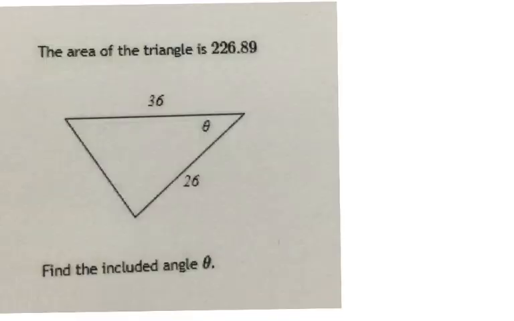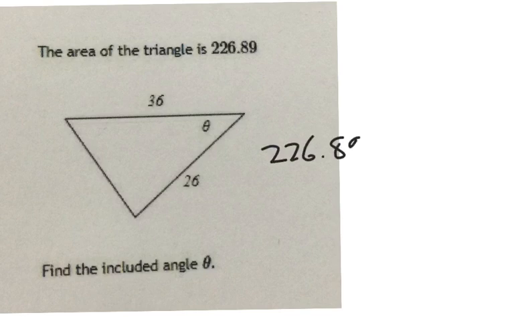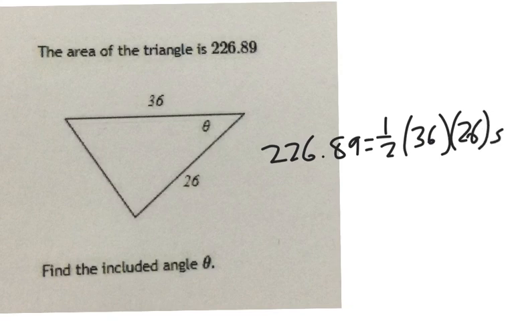Here they give me the area and two sides, and they ask me to find the angle between those two sides. So again, I'm just going to plug into that formula. The area, which this time I know, is 226.89, equals 1/2 times 36 times 26 times sine of theta.